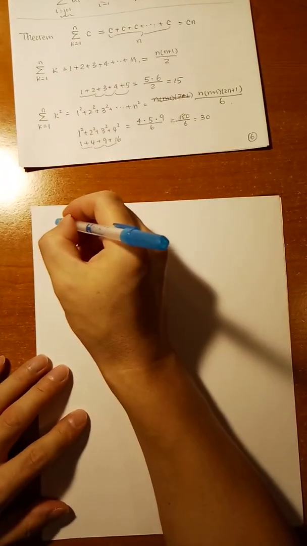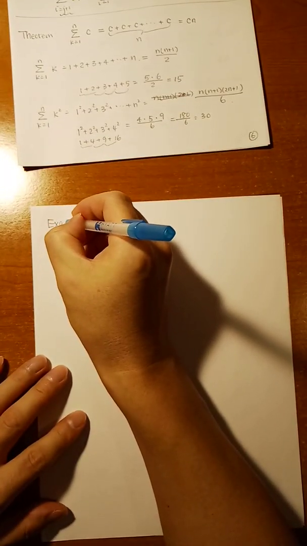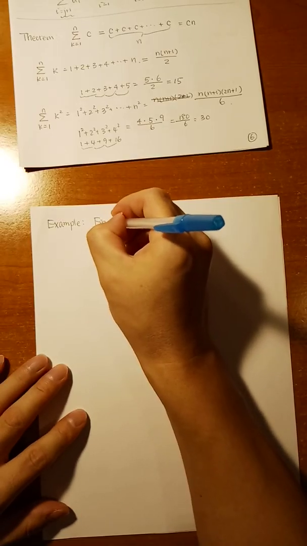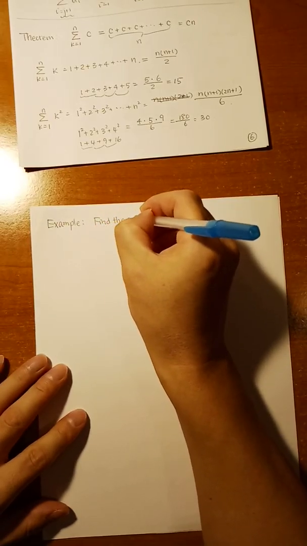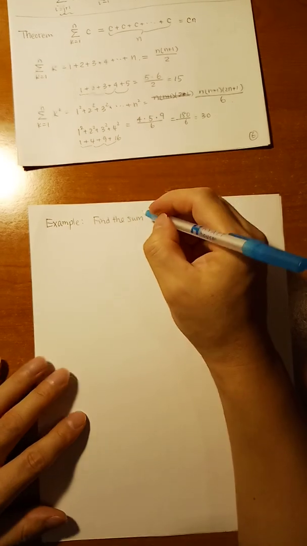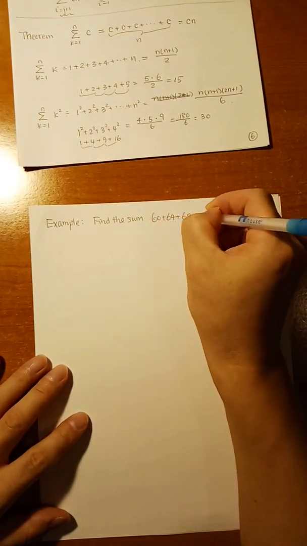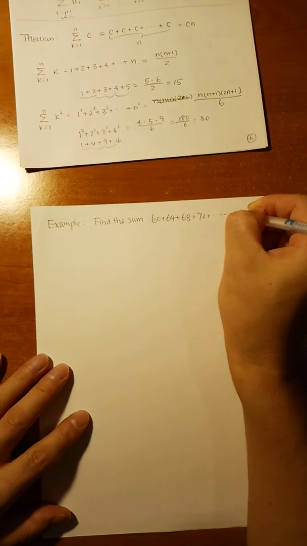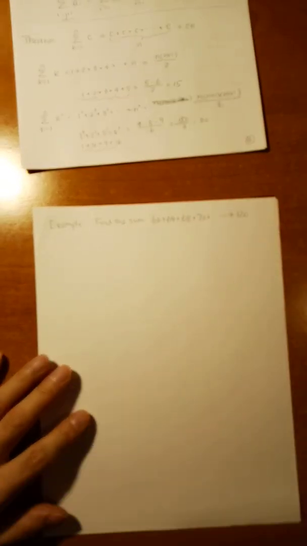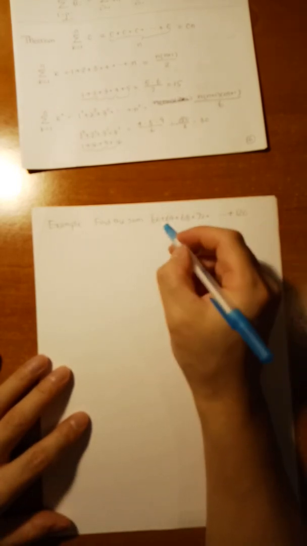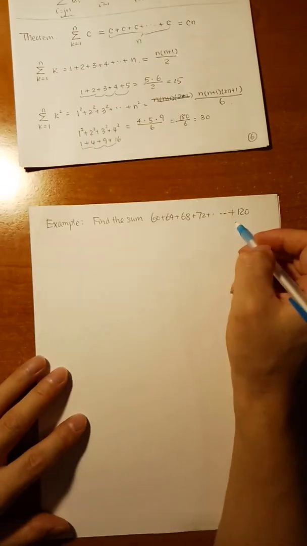Next, let's have some concrete numbers. Find the sum 60 plus 64 plus 68 plus 72 plus dot dot dot up to 120. This is an arithmetic sequence. Every time you add 4.